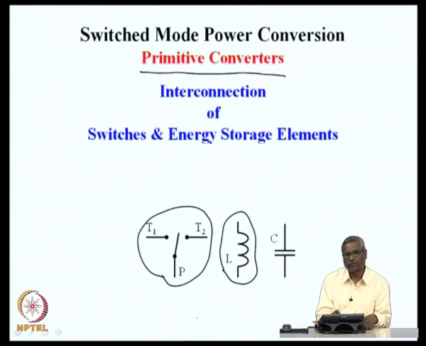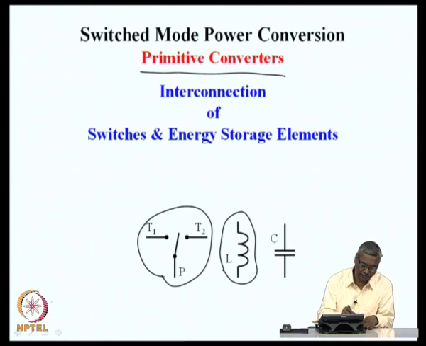How do we connect them together? Following certain principles of circuit theory in order to carry out the power conversion function efficiently is what we are going to do in this lecture.